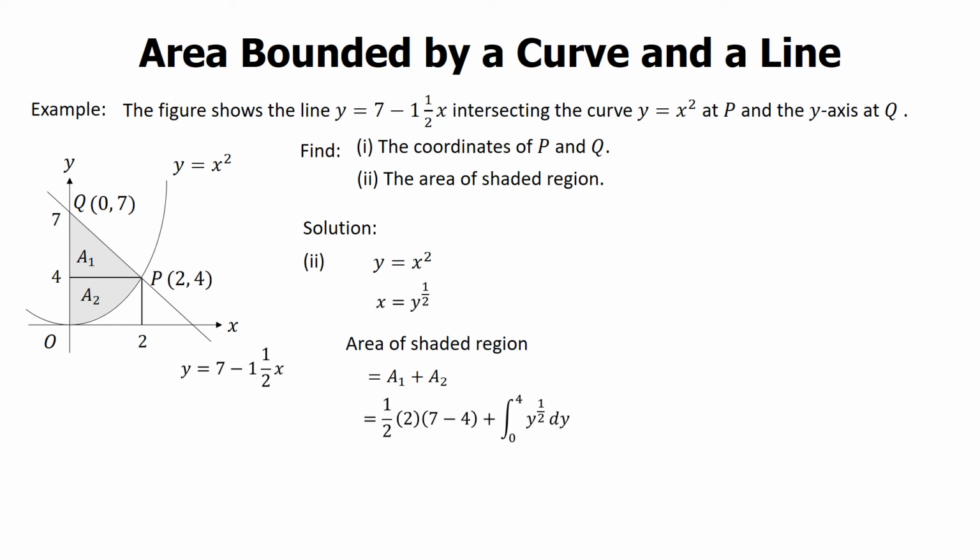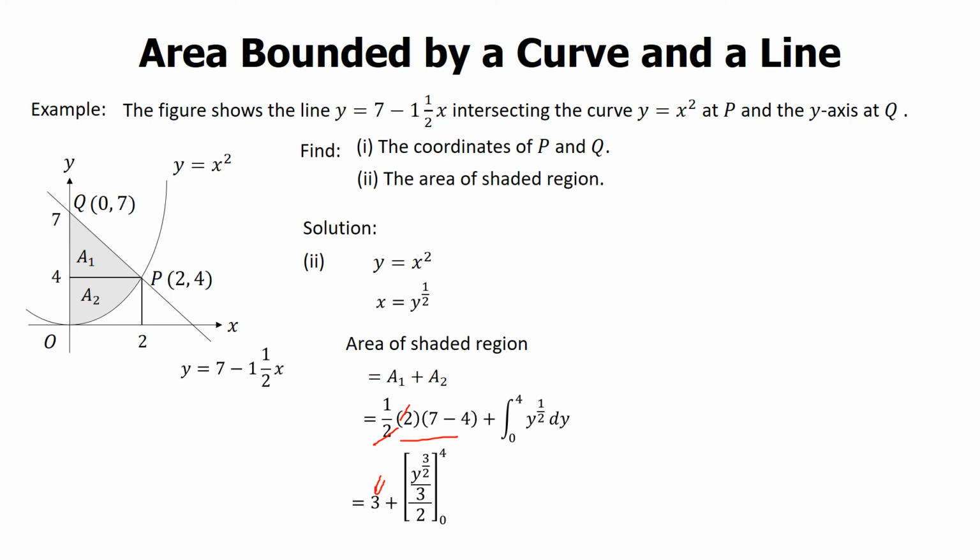Therefore, the area of the shaded region will be A1 plus A2, where A1 is the right angle triangle, which is half times 2 times the height, which is 7 minus 4. And A2 is the integration bounded by the y-axis, so integration from 0 to 4 of y to the power of half dy. The area of A1 will be 3, because the 2s cancel, and 7 minus 4 is 3.